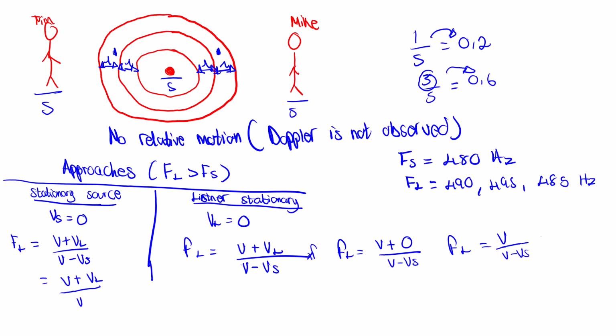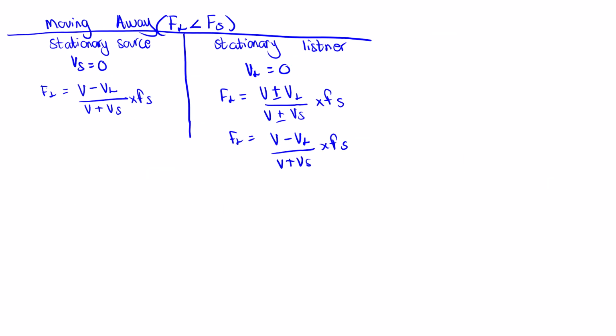I forgot that. So this is just multiplied by Fs, and Fs we know is the frequency of the source. So that's the mistake that we wanted to fix. That's the scenario for moving away and also approaching, right?